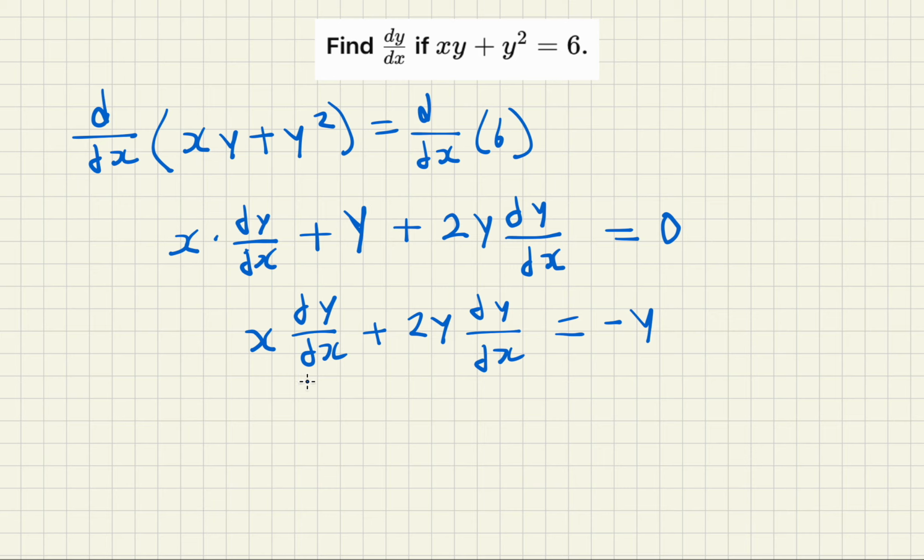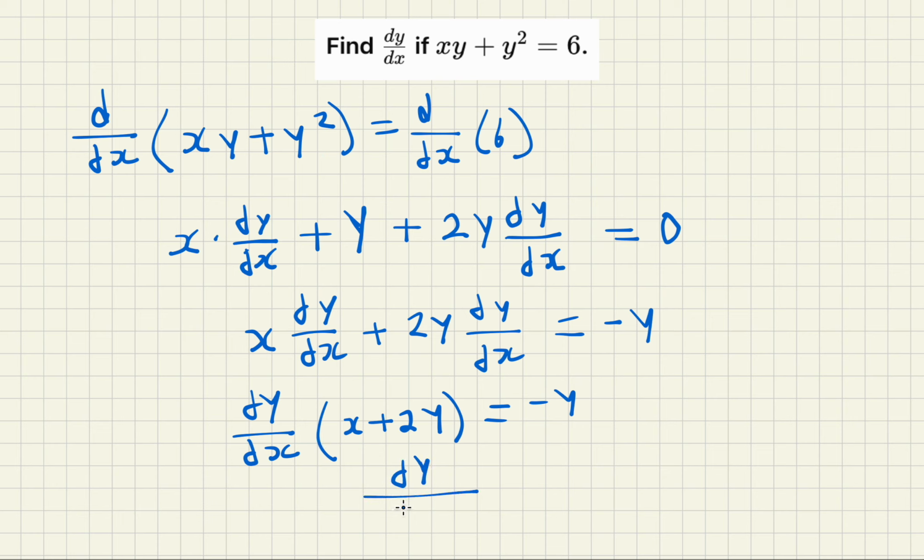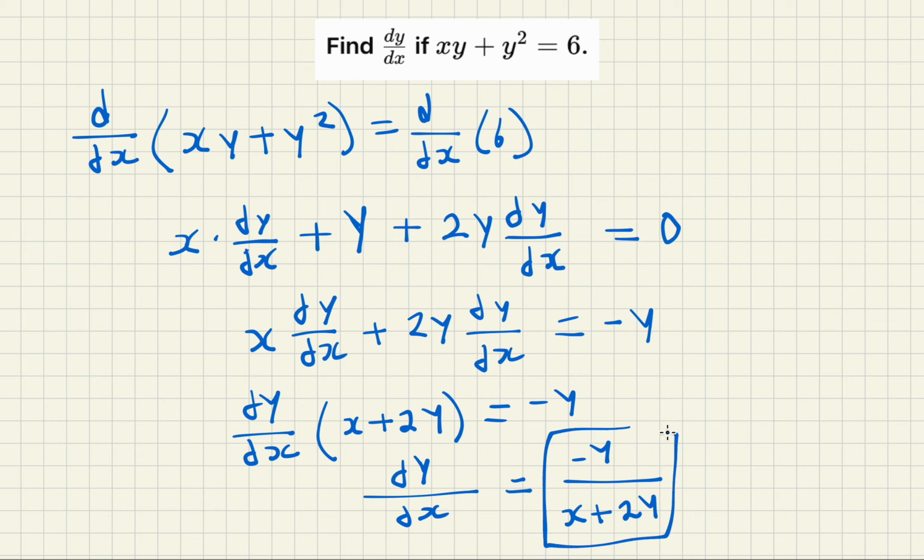And then we can factor out a dy over dx, and we get x plus 2y equals negative y. And all we need to do now is divide by x plus 2y on both sides. So dy over dx is equal to negative y over x plus 2y. And that is our answer for this question.